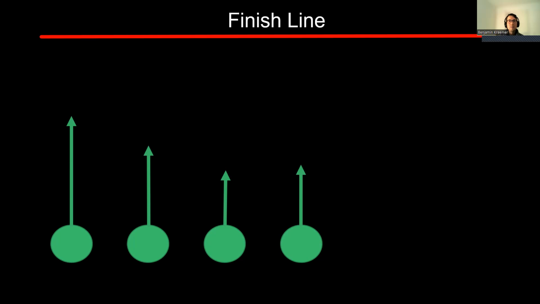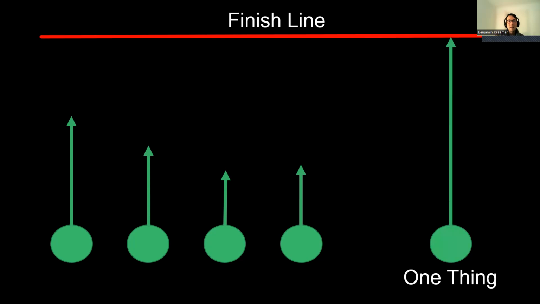So when you focus on many different arguments, it becomes difficult to spread your limited resources across those 4 arguments, and you might end up not getting even one of them across the finish line. But with the same amount of resources, if you just focus on one thing, you're much more likely to get that argument across the finish line and convince your audience to embrace the argument.